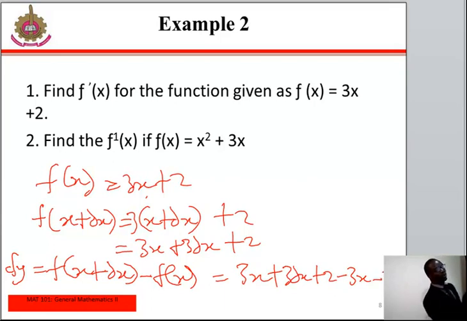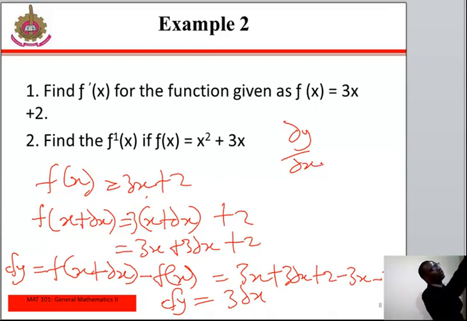Now, once you have this, 2 minus 2 cancels, 3x cancels 3x. Now your delta y will remain only what? 3 delta x. Now divide both sides by delta x. Now you have delta y all over delta x. 3 delta x divided by delta x will give you 3, which is your final answer.